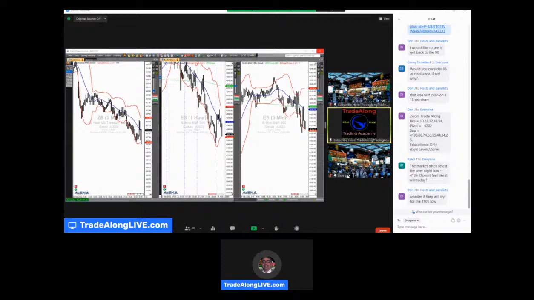Okay, market continues to go down. They're looking at the 55 area as the next support level.